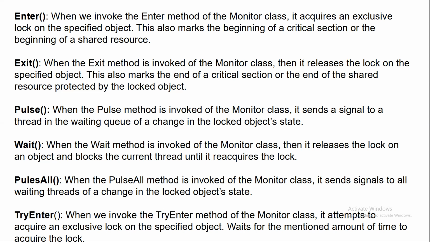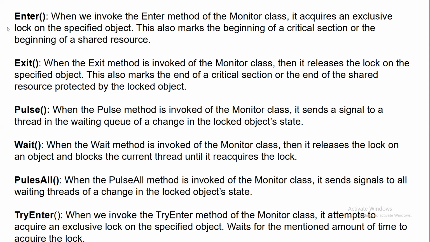And TryEnter is similar to Enter. When you try to lock using Enter, sometimes that particular piece of code may already be locked by some other thread. We don't know. In that case, when you use TryEnter, you give some time: hey, I want to lock this object, but I can wait for 1 minute or 2 minutes or 10 seconds.